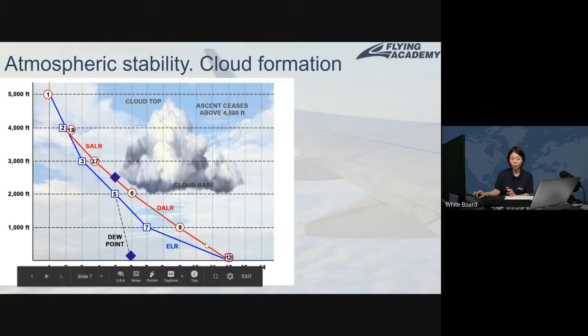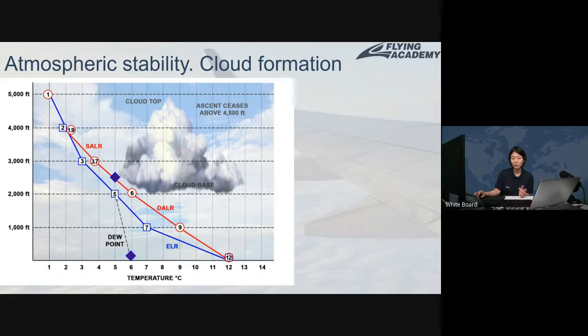So it goes up, because ELR is more than 3 degrees Celsius, so air is unstable. It wants to go up because it is warmer than the outside temperature. At 9 degrees, it wants to go up because 9 is higher than 7. At 6 degrees, the outside temperature is 5 degrees. I am still warm; I still have energy to go up.